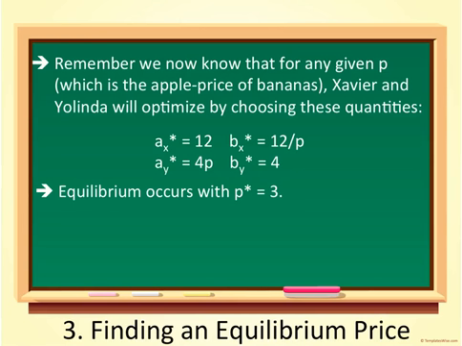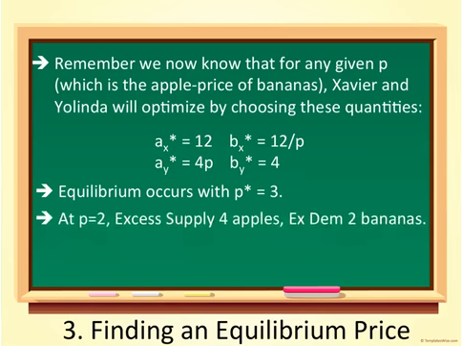Quantities supplied and demanded in the apple market are equal. Banana market. Xavier wants to buy 12 divided by P. That's 4 bananas. And we know that Yolinda wants to sell 4 bananas. So again, it clears.